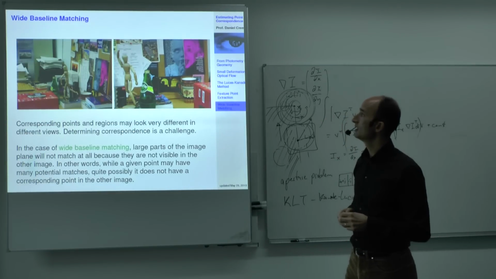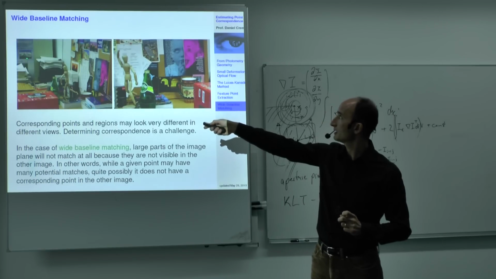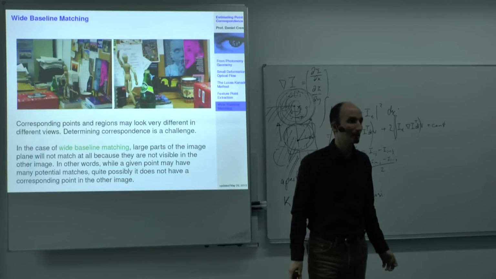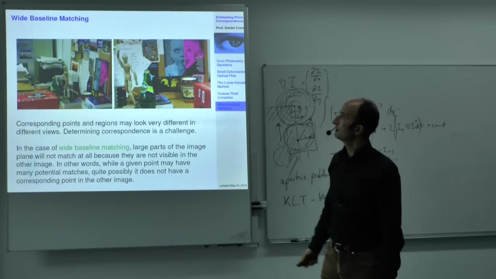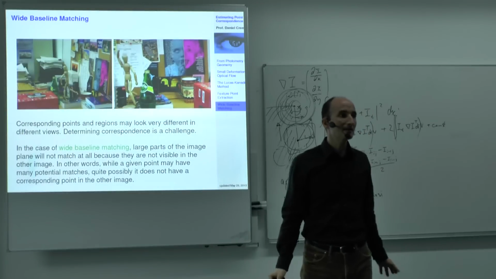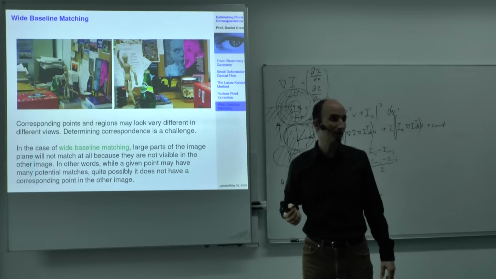In addition, many points don't have correspondences. For example, if you look at that poster in the left image, where is it in the right image? Nowhere. It's not there. So if I say, well, tell me the corresponding pixel in the other image, that question is not solvable. In many cases, there is no corresponding pixel.